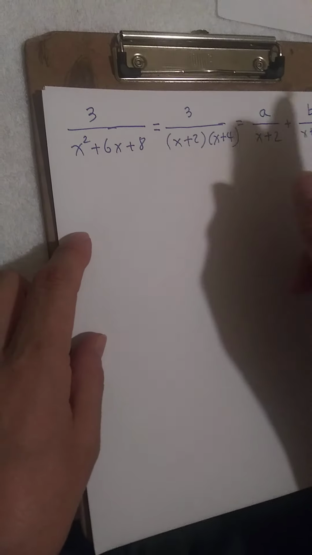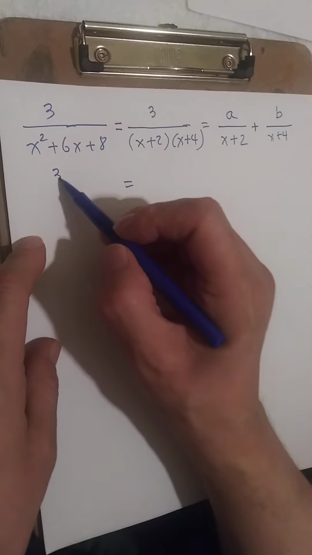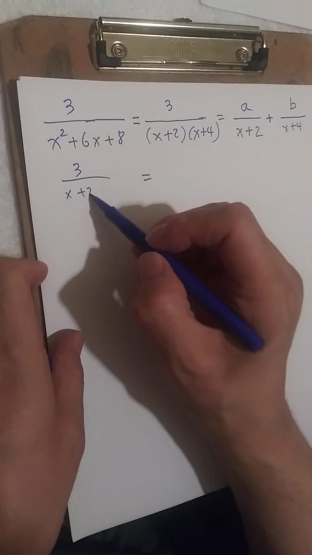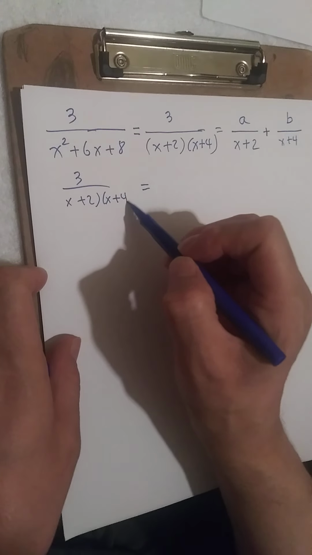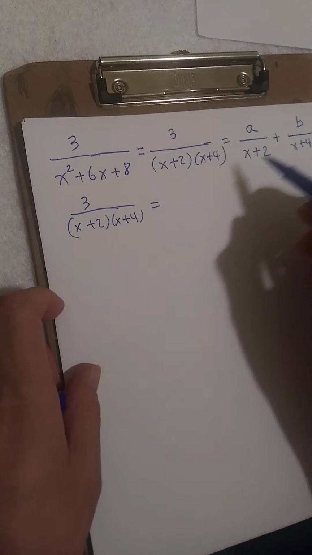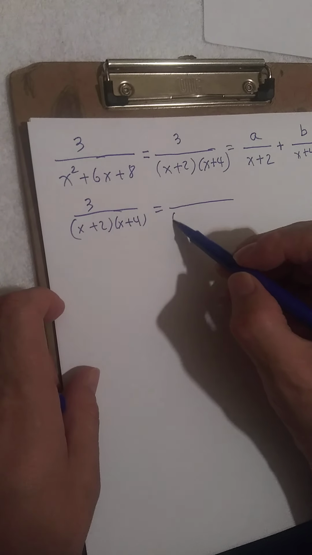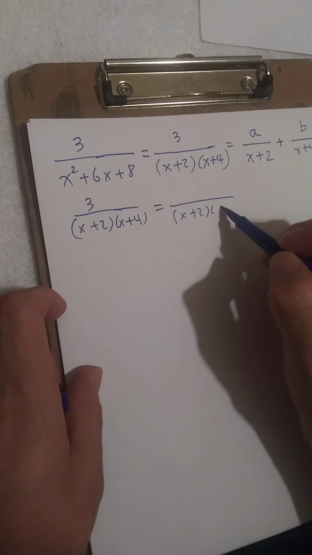Okay, now we need to rebuild this. So 3 over x plus 2 times x plus 4 equals. Let's rebuild this fraction. The least common denominator here is x plus 2 times x plus 4.